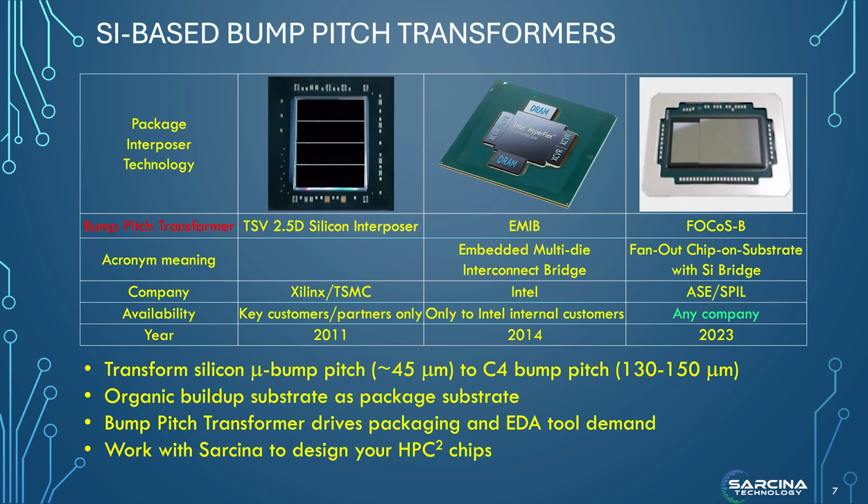Here there are 3 columns. You can see 3 types of bump pitch transformer technologies, from TSMC and Intel, and the last one is from ASE and SPIL, the ASE group. What I wanted to point out is, Intel's technology is mainly used for Intel's internal microprocessors. TSMC's is mainly used for their strategic key customers.